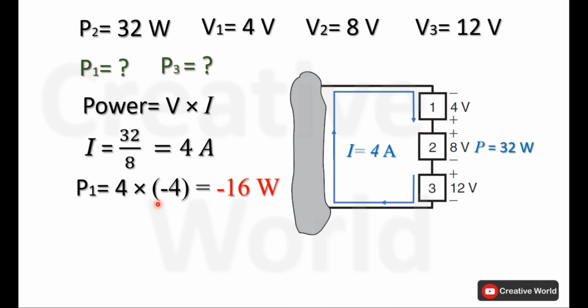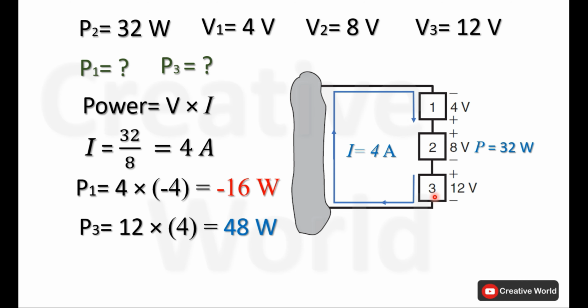Now I would like to share how we took this current with a minus sign. Using the basic concept of passive sign convention theory, if current is entering from the negative terminal of an element and leaving from the positive terminal, then we will take that current with a negative sign. That's why we used the negative sign here, and the power of element 1 is minus 16 watt.